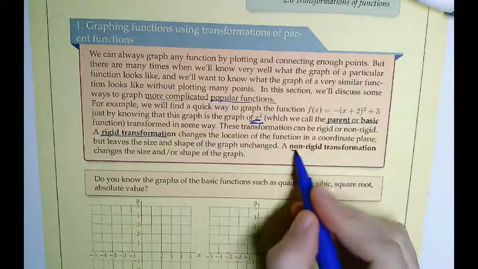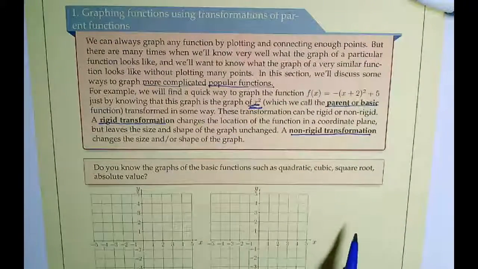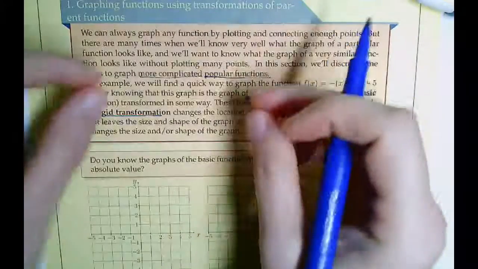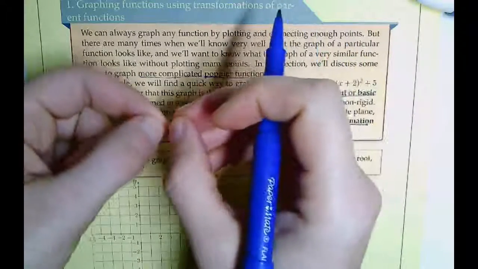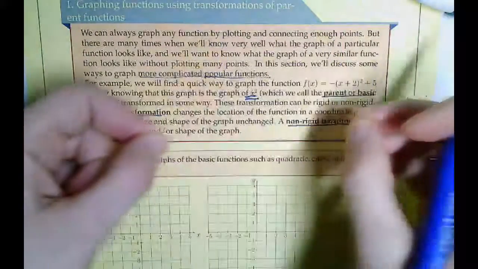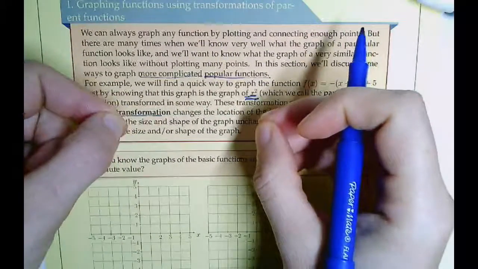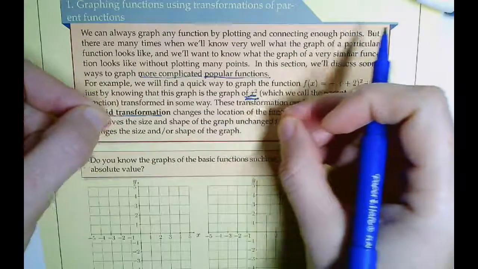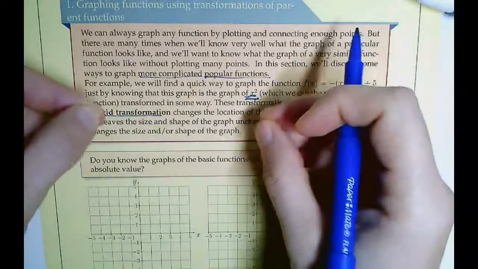A non-rigid transformation is going to change the size or the shape of the graph. So imagine if you have a piece of elastic and you just move that elastic up or down, to the left or to the right, that would be a rigid transformation. A non-rigid transformation is if you stretch it horizontally or if you stretch it vertically.